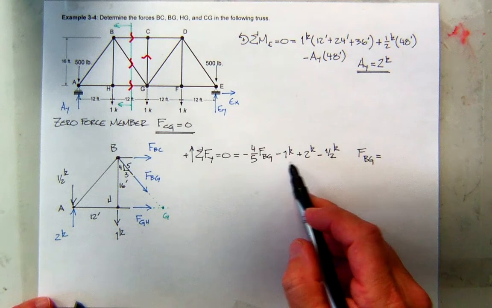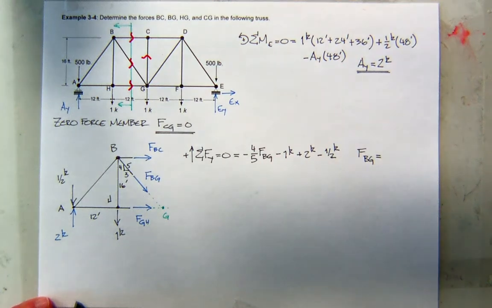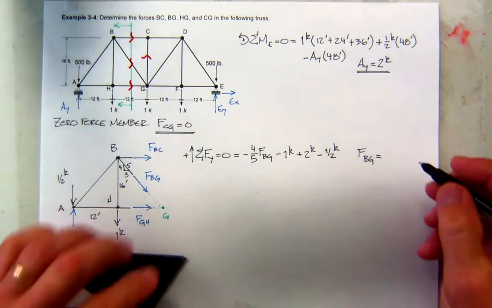Let's see, that all adds up to a half, 0.675? I'm guessing. Oh, 0.625, sorry, just off by 500. Is it positive or negative?